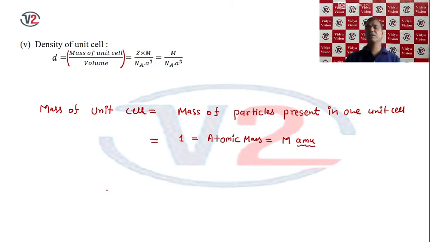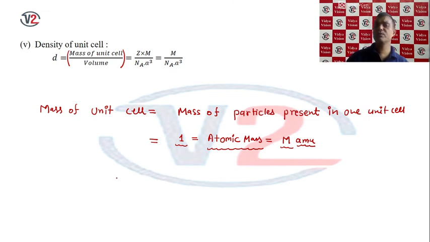So this is the mass of one unit cell, that is equal to the mass of the particles which are present in the unit cell. And for the simple cubic, the number of particles is equal to 1, so the mass of the unit cell is equal to atomic mass, or if the particle is a molecule, then it is equal to molecular mass. And atomic mass or molecular mass is the mass of one atom or one molecule, and that can be represented by m, and its unit is AMU.